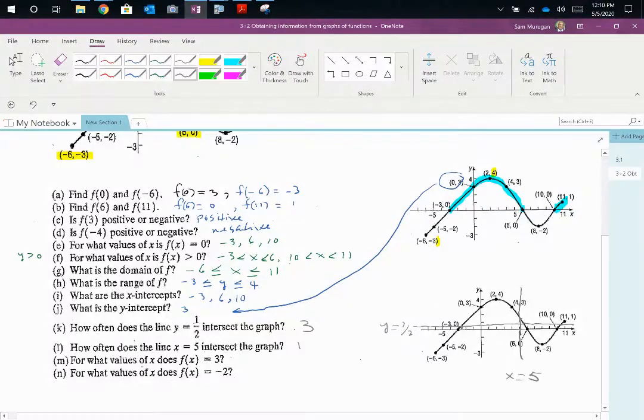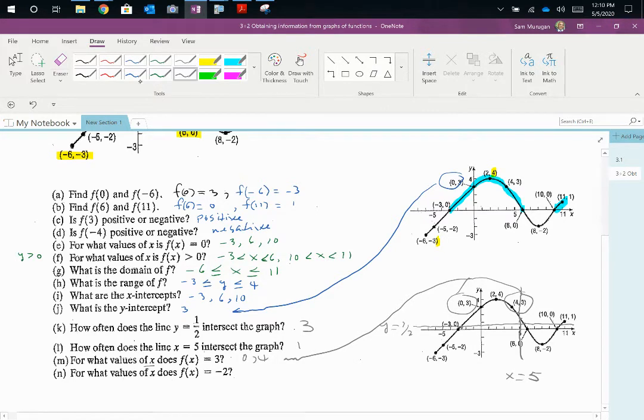For what values of x does y equal 3? And we see there are two values of x where y is equal to 3. 0 and 4. And for what values of x does y equal -2?